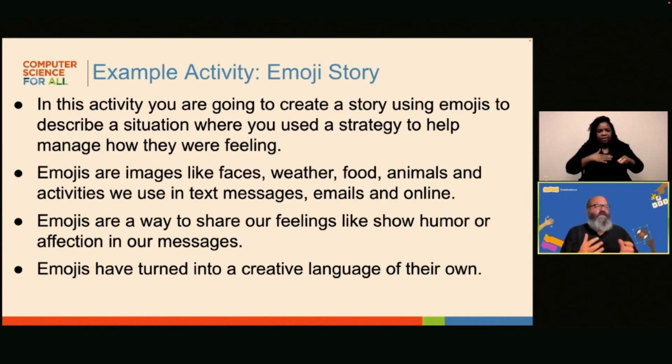The emojis, as we talk about them, are images like faces, food, weather, animals, and other activities that we use during text messages, emails, or online to communicate, right? It's in its way its own code. So we use emojis as code to express our thoughts and ideas.